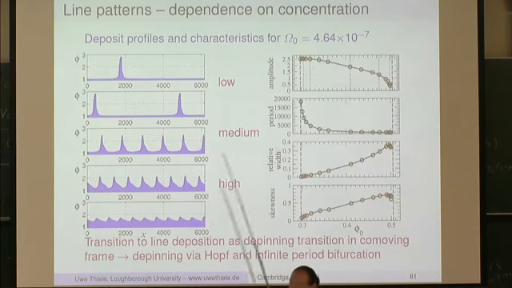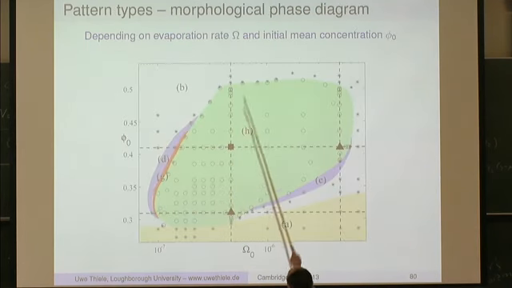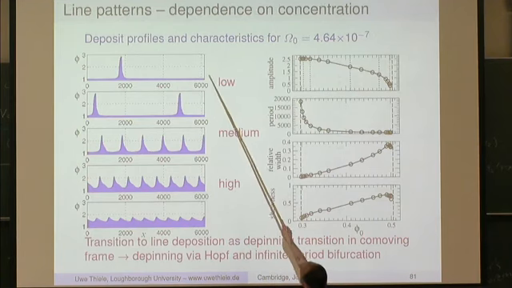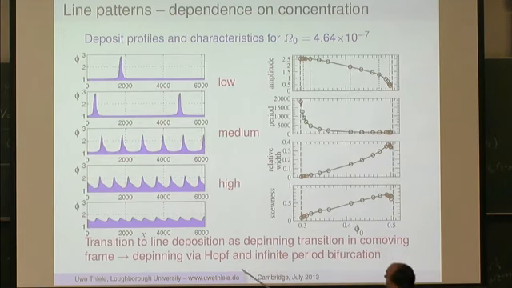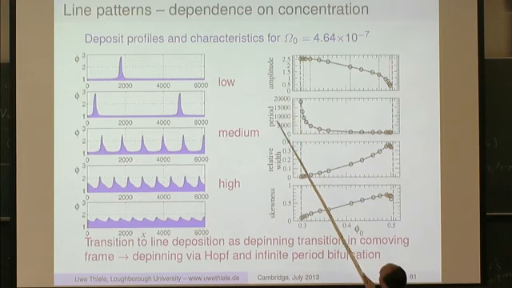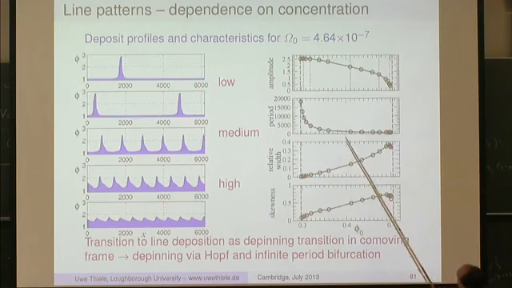So this was going from top to bottom, or from bottom to top actually. So this is low concentration, this is high concentration. These are just the final periodic states. However, if we now analyze them, we see actually there is an amplitude and there's a period that are the most important measures.